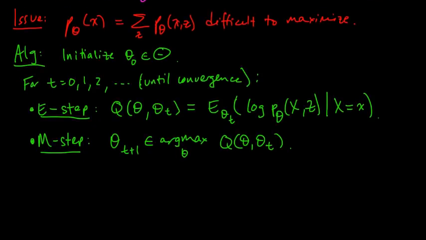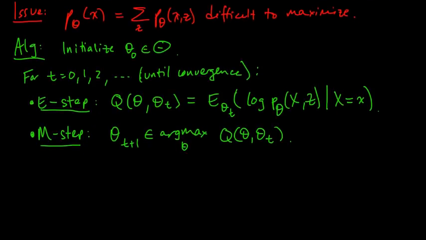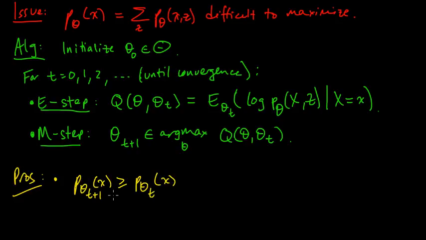And let me briefly mention here some pros and cons. Pros, some advantages of the EM algorithm. One is that you're guaranteed that the probability of x under theta t plus 1 is greater or equal to the probability under theta t, for the sequence of thetas obtained under this EM algorithm.